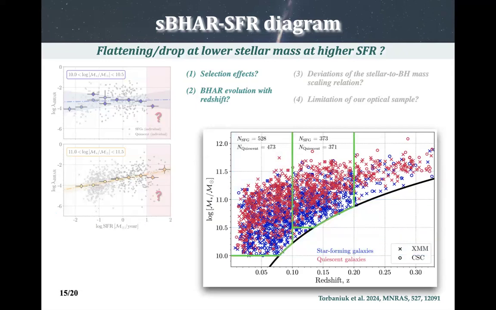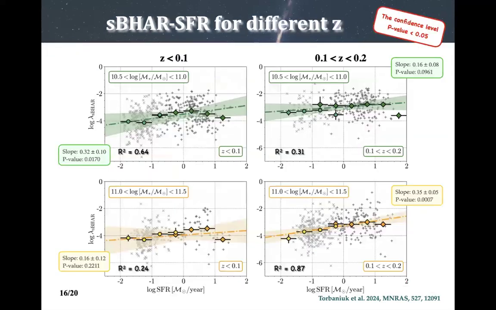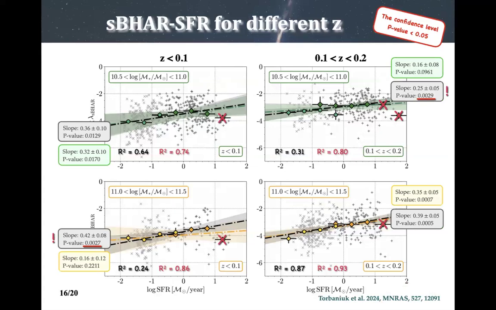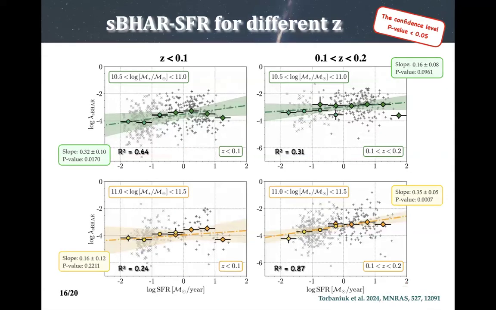So we decided to divide our sample into 2 redshift samples and check if we have the same flattening. And now, as you see, we have the flattening of black hole accretion rate with stellar mass for each redshift bin and for each stellar mass.